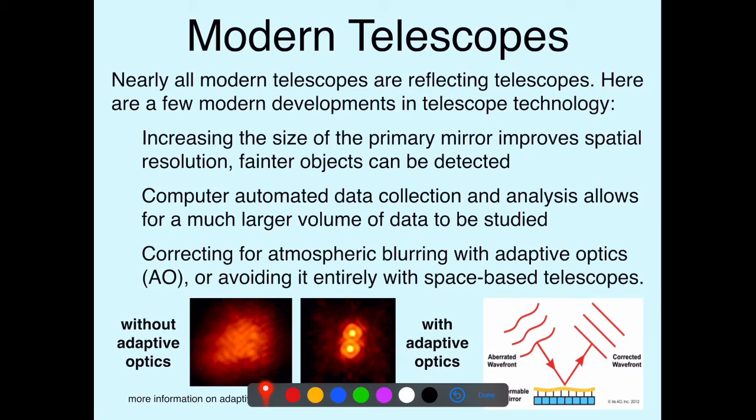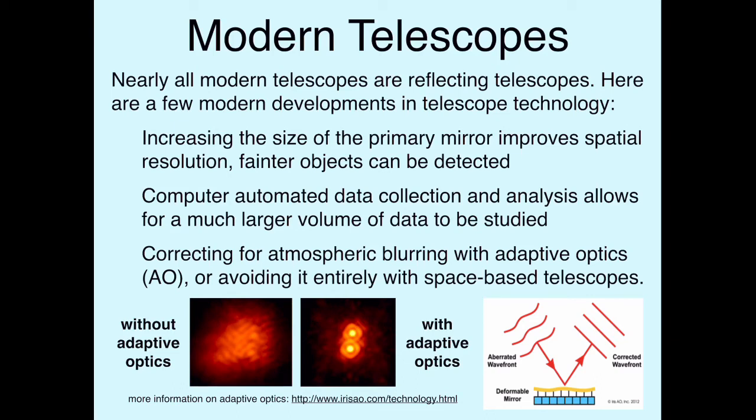And not only that, since you have a bigger mirror, you can collect more light. So you can see fainter objects than before. You can detect things that were too dim to see with smaller telescopes. So an easy improvement to make is just to build bigger and bigger telescopes, and that has been the progression of things over the last several decades, just building bigger telescopes.